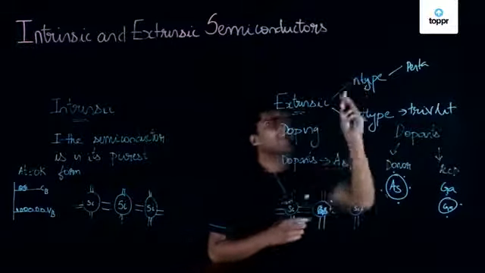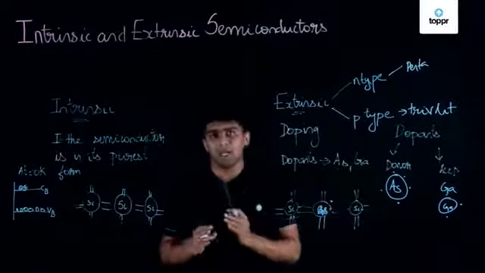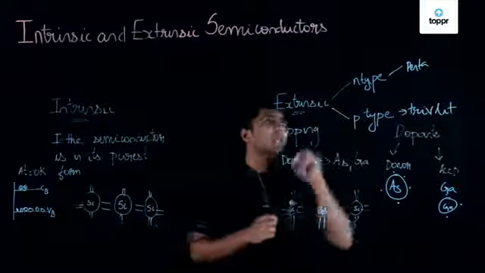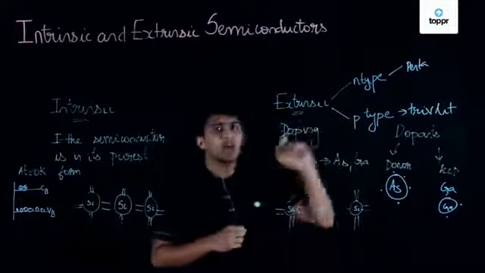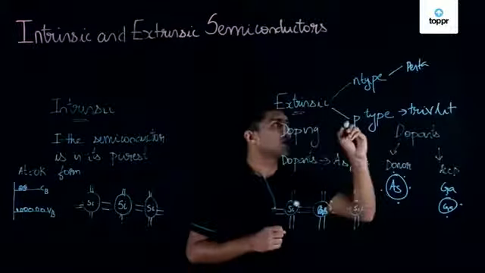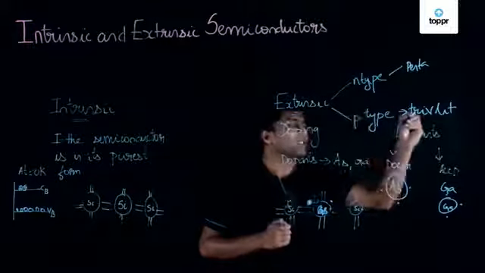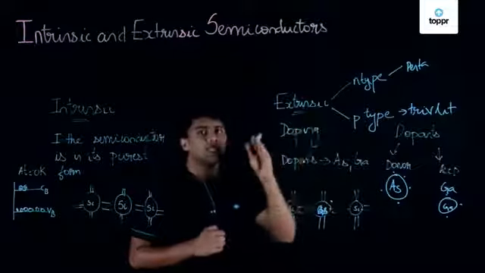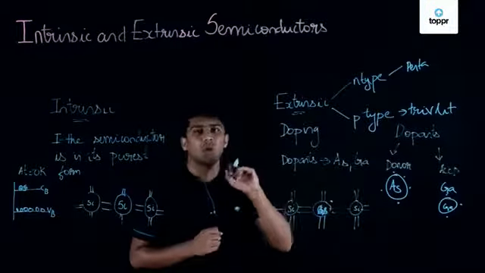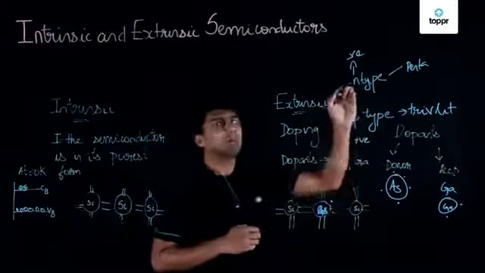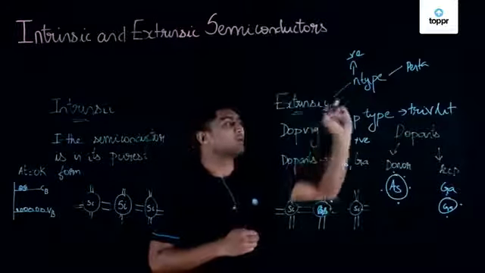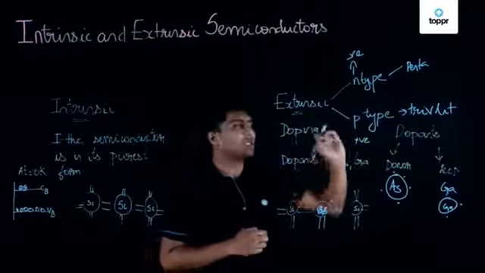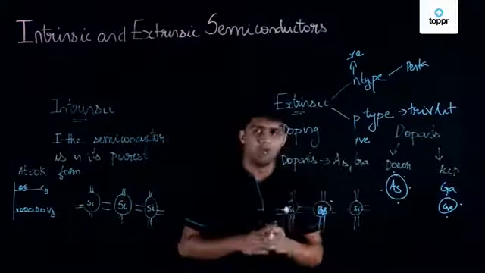In N-type the majority charge carriers will be free electrons, and in P-type the majority charge carriers will be holes, because in P-type we are doping with a trivalent impurity, which means one place is left, which is considered a positive charge.